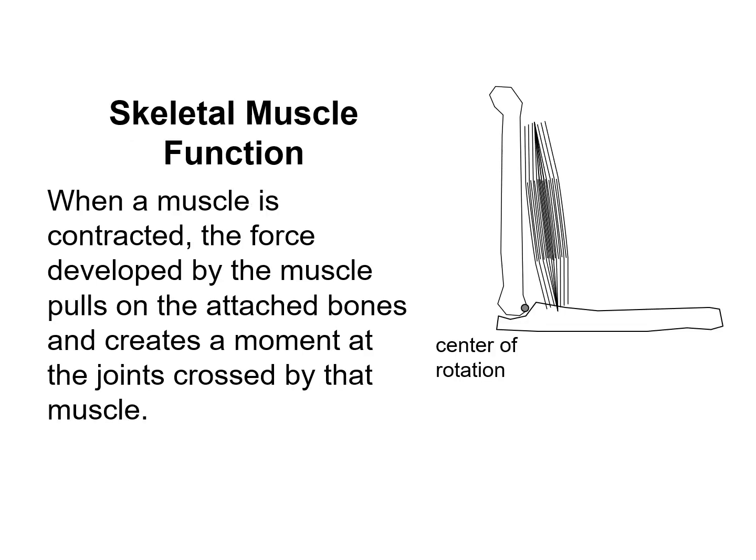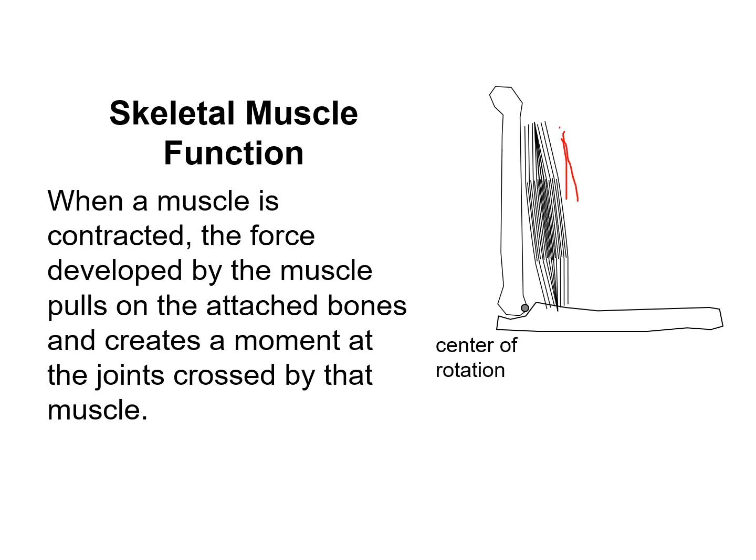So skeletal muscle function. When a muscle is contracted, the force developed by the muscle pulls on the attached bones and creates a moment at the joints crossed by that muscle. So when we look at this, we see that this muscle right here is going to be concentrically contracting.